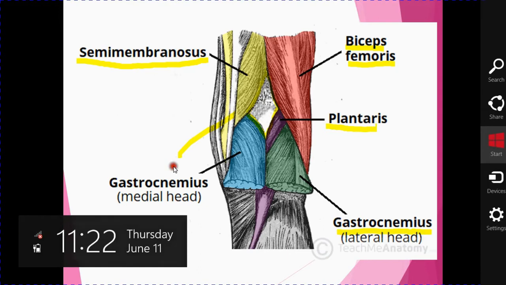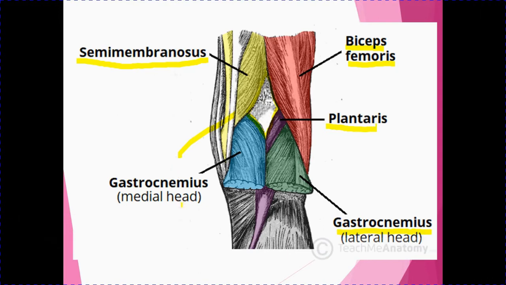The inferomedial boundary of the popliteal fossa is formed by the medial head of the gastrocnemius muscle. Gastrocnemius muscle actually has two heads, a medial head and a lateral head. I am sure everyone has fixed these boundaries in their brain. You have to memorize, remember, learn these names of the muscles which are forming the boundaries of the popliteal fossa.